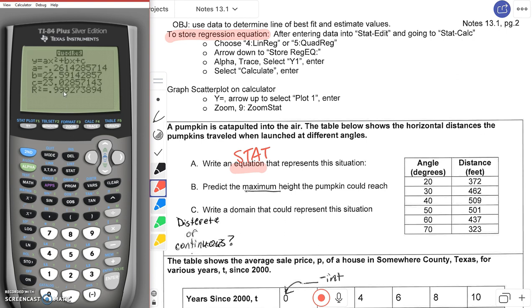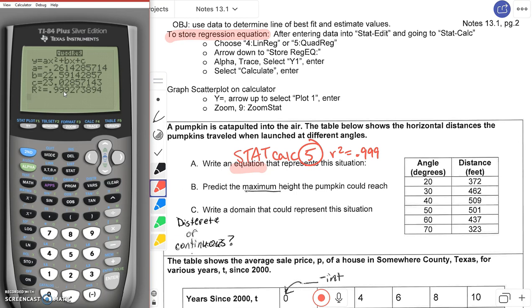R squared is 0.999. So this one was stat calc 5 for quadratic because my R squared gave me a 0.999. You can't get much better than that when you're dealing with real data. So that's what I'm going to use.